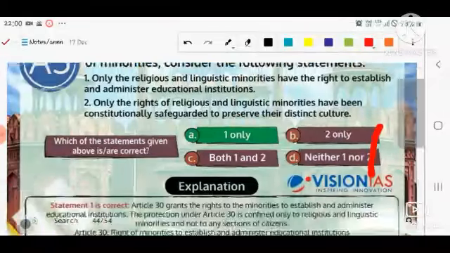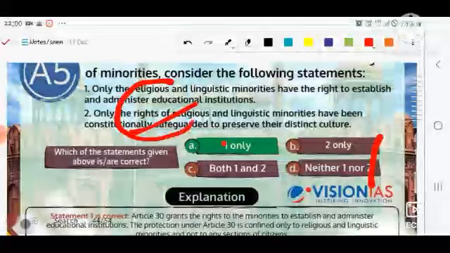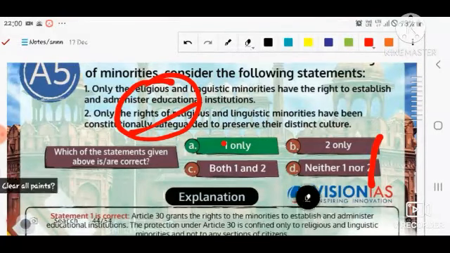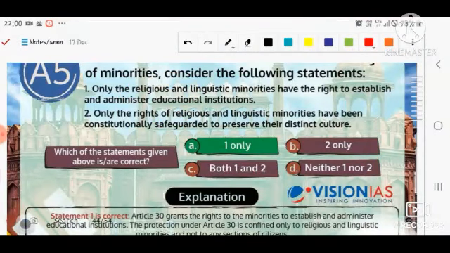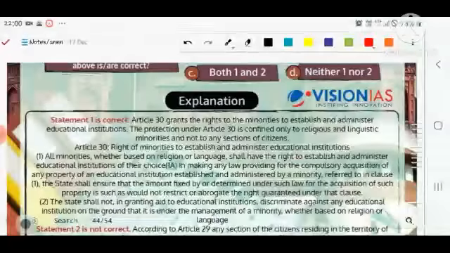Let's see the statement that only the religious and linguistic minorities have the right. No, that is the old minority. If I wanted to preserve my own language, I can. Majority or minority, both have been given the right to preservation of a distinct culture. So let's see. The first is correct because of Article 30.